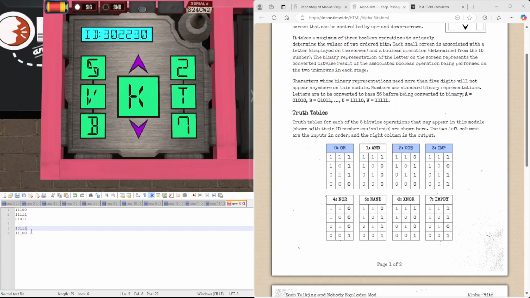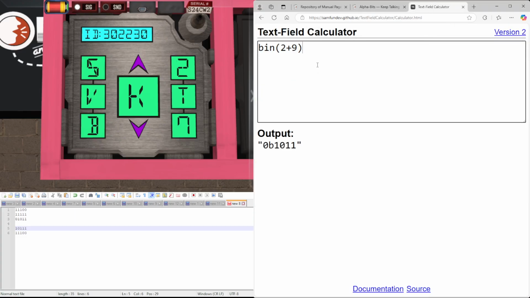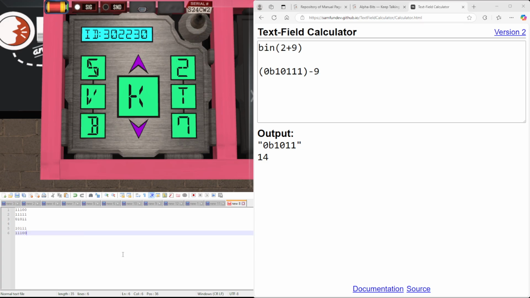And then that will become, and then since that's greater than 9, minus 9 from that, you get N.